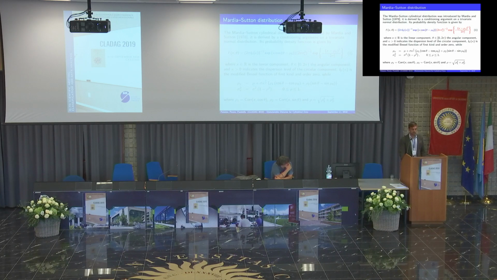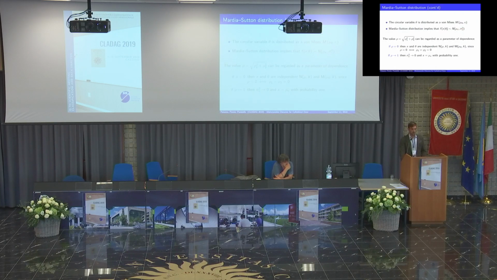In particular, this distribution is defined with this mean and this variance in the linear part in order to have a conditional Gaussian distribution. So, conditional on the direction, our distribution will be Gaussian with a specific mean and variance.